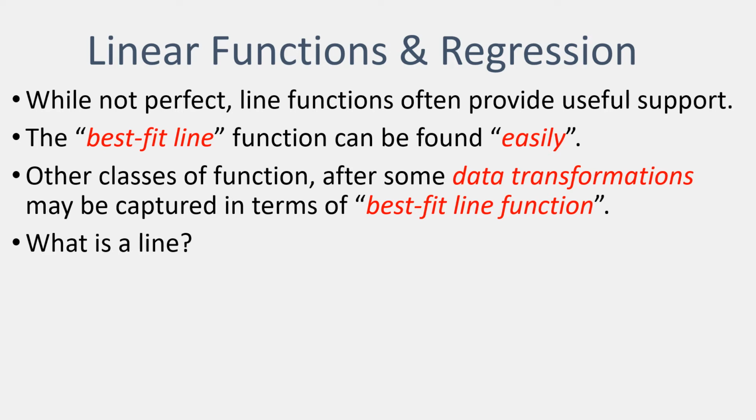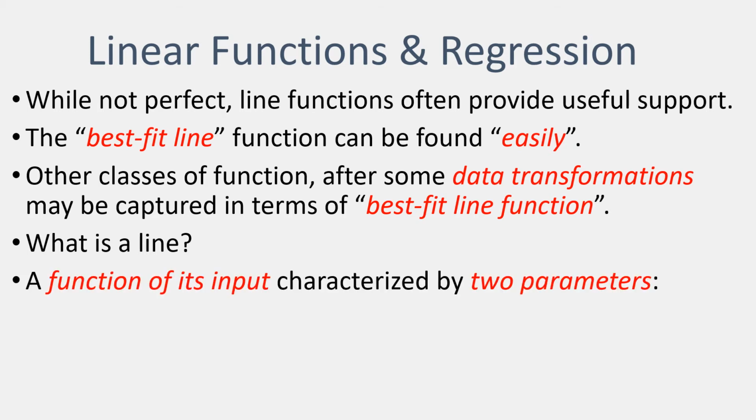So let's go back to an issue we looked at earlier in the course. What exactly do we mean by a line? Well, as we saw when we introduced our study of differential calculus, a line is just a function of its input values which is described by two parameters. So something of this form.